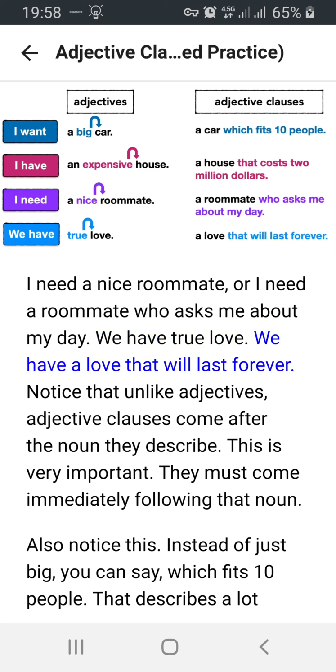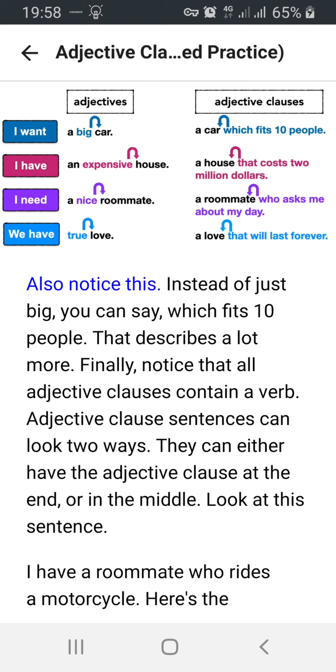We have a love that will last forever. Notice that unlike adjectives, adjective clauses come after the noun they describe. This is very important. They must come immediately following that noun. Also, notice this. Instead of just big, you can say which fits 10 people. That describes a lot more. Finally, notice that all adjective clauses contain a verb.